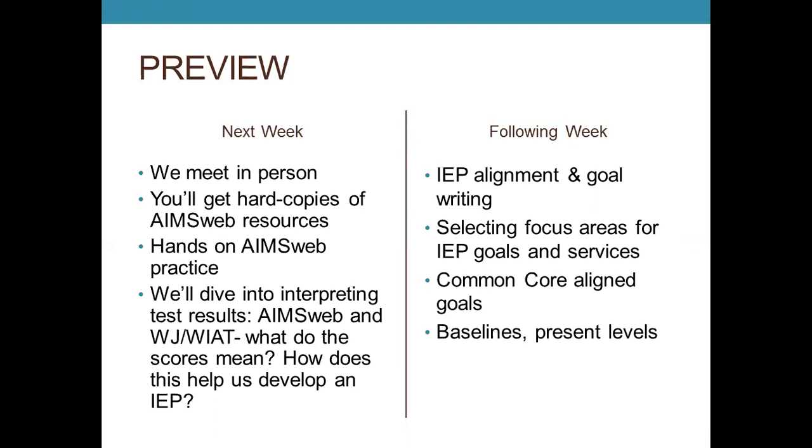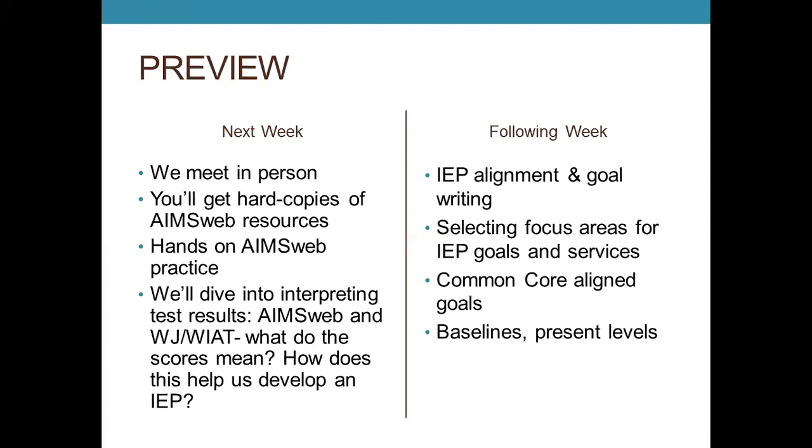We'll also dive deeper into interpreting test results, so looking at actual scores on AimsWeb, scores on the WJ or Wyatt. What do those mean? What do they mean for us when we're developing IEPs and goals? How do we just bring this different data together in an integrated way?